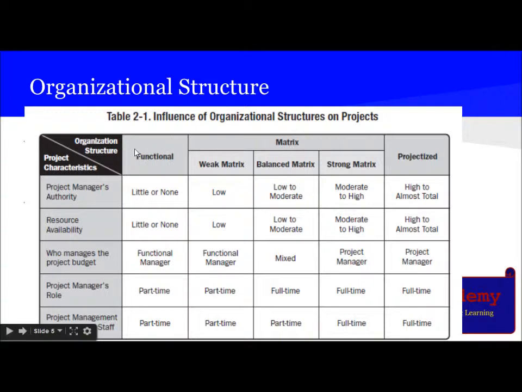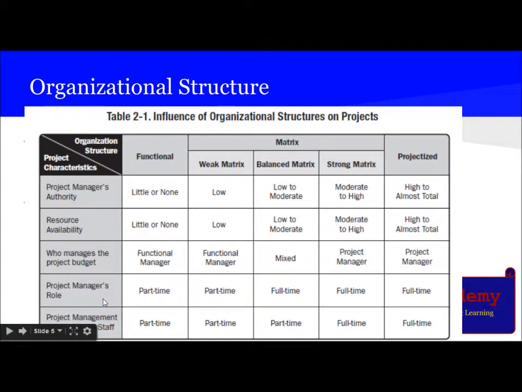In the case of functional organizational structure, the project manager's authority is little or none. Resource availability, the project manager's authority on this one is little or none. Who manages the project budget in the case of functional? It's the functional manager, not the project manager.